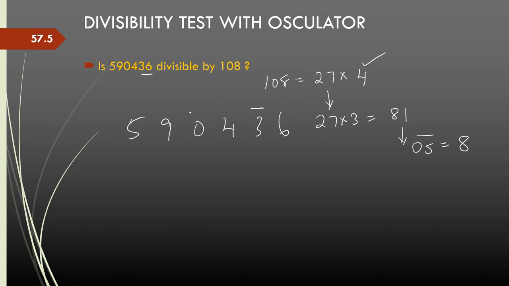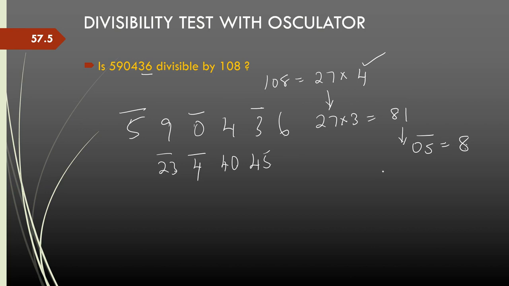So let me mark the negative numbers. So it gives me 6 into 8, 48 minus 3, 45. So 5 into 8, 40 minus 4, 36 plus 4, 40. So 0 times 8, minus 4, minus 4, minus 0 is minus 4. That's minus 32 plus 9, it's minus 23. And this is minus 24 plus 2.